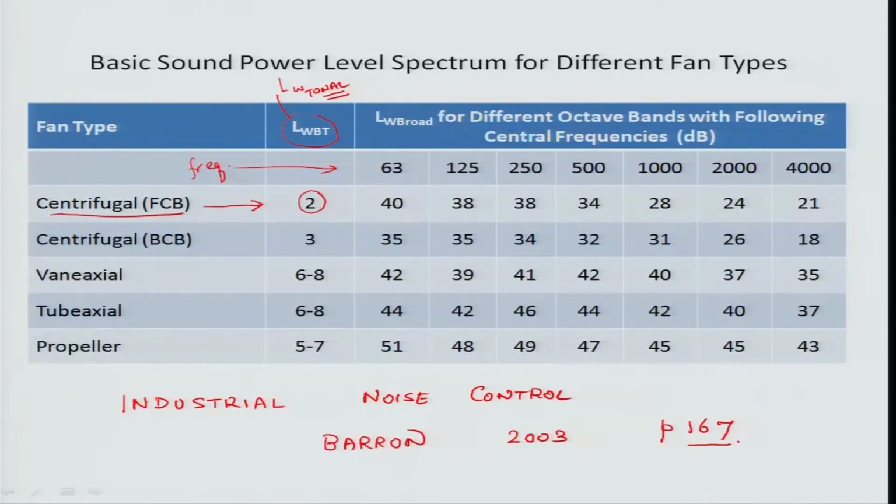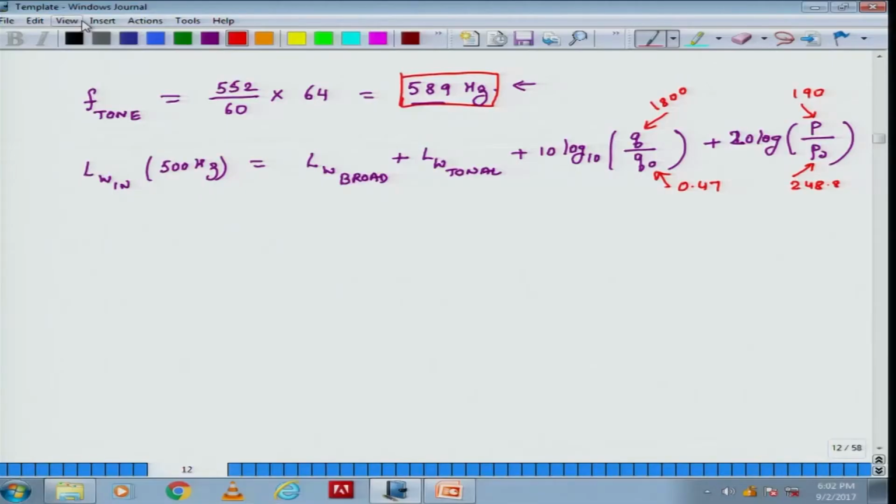LW broadband, what is the value? We have to look at the specific frequency band we are interested in right now. Right now, we are computing for 500 hertz central frequency. So, the number we are going to use is 34. Okay. So, with this understanding, we go back.